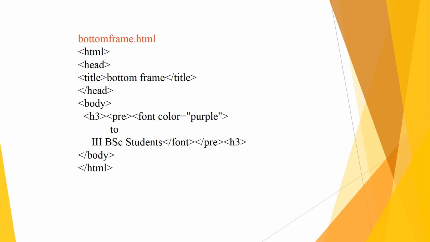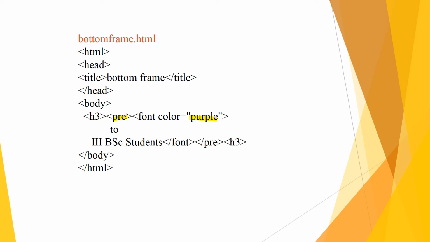And next HTML document is just I want to display some content at the bottom to third BSc students. I have used font color purple. Why am I using the pre tag?